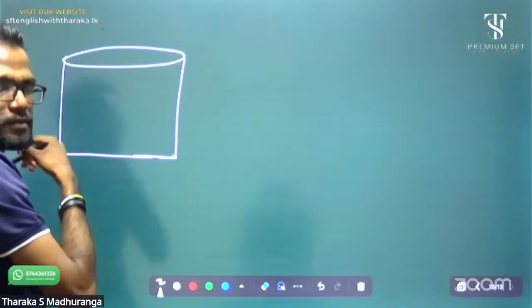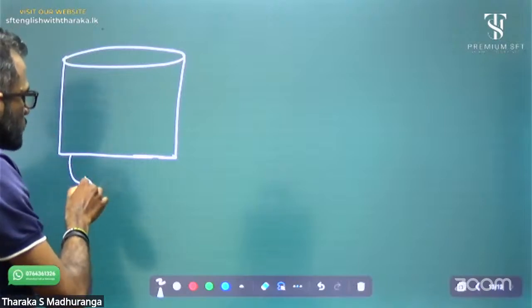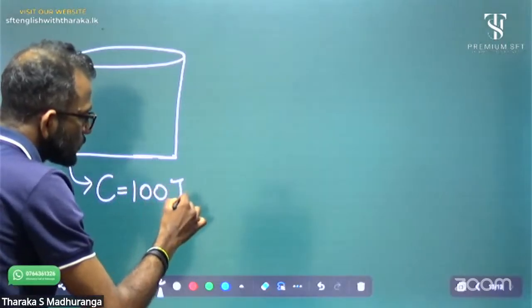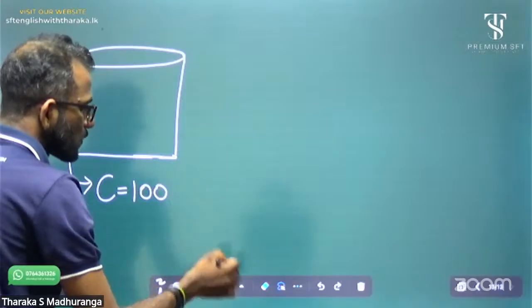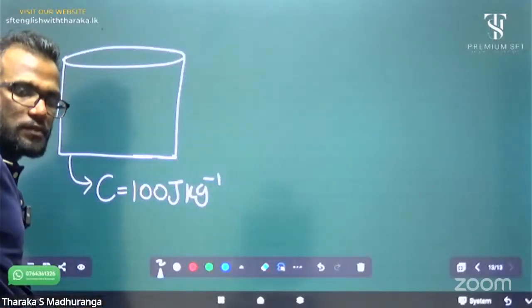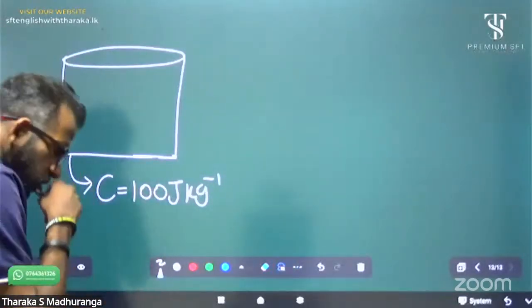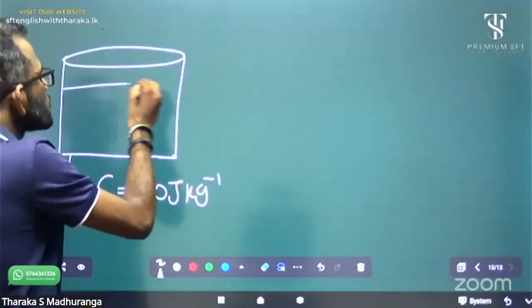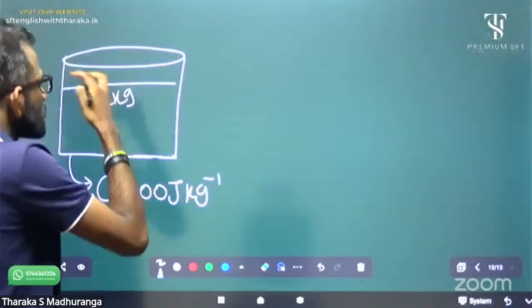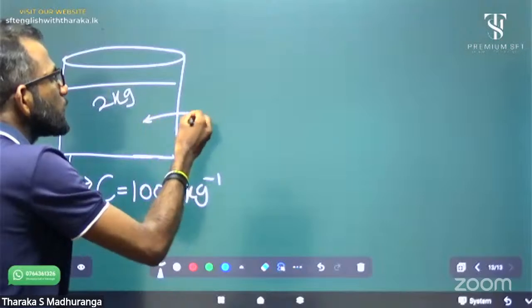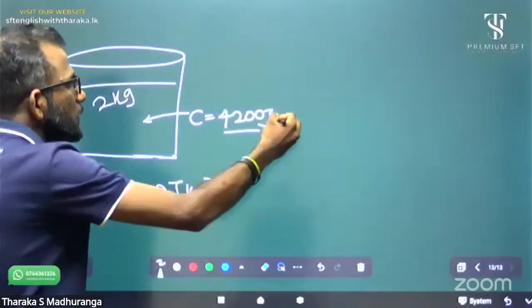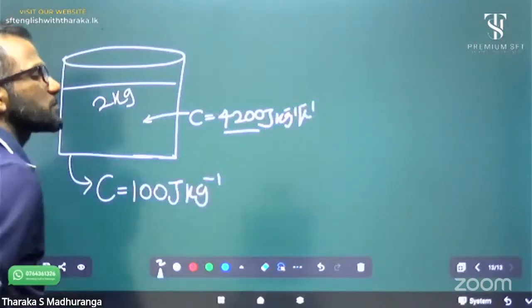It's a copper container with capital C heat capacity 100 joules per Kelvin. It contains 2 kilogram of water with specific heat capacity 4200 J kg minus 1 K minus 1.